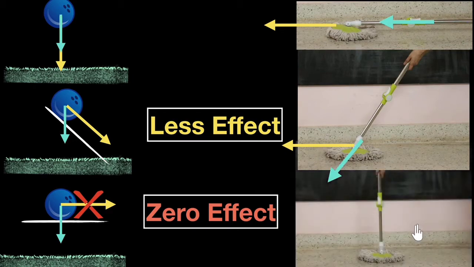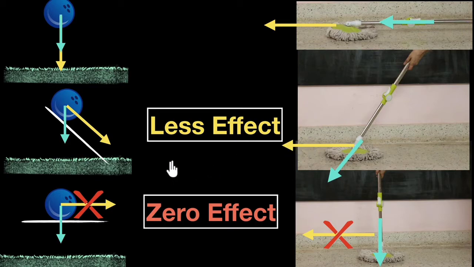And eventually, if you push the mop straight down, now you'll see it has absolutely no effect in the horizontal direction. So this force has zero effect in this direction. So if you put it all together, what do we understand? First of all, we see that forces can have effects in other directions as well.